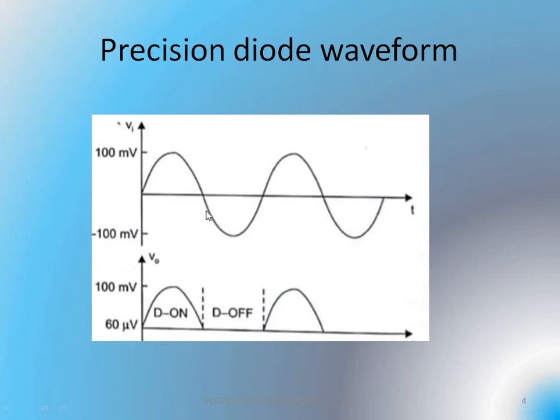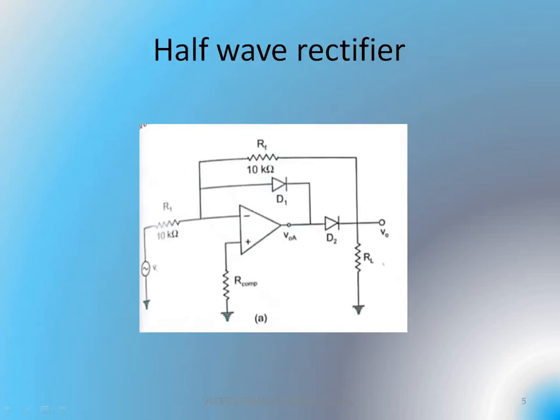When the applied input is negative, the diode will be in the off condition, the circuit becomes open, and the output V0 is equal to 0. So for the positive half cycle we get the same output, and for the negative half cycle we get the output as 0. The entire operation is controlled by the applied input.